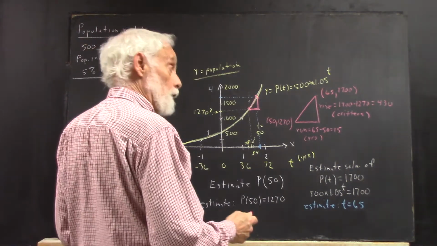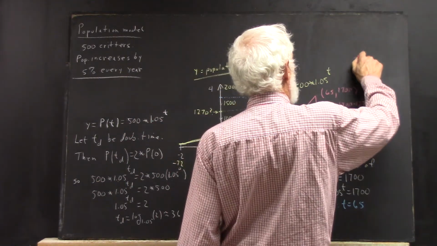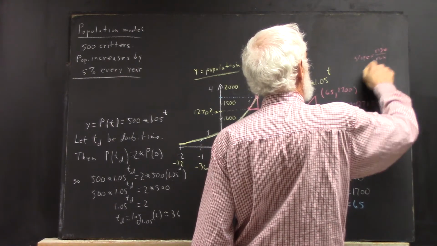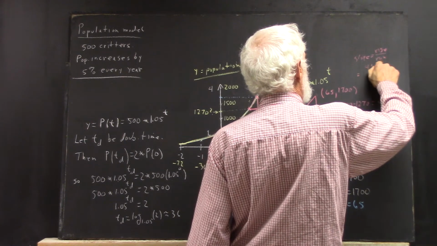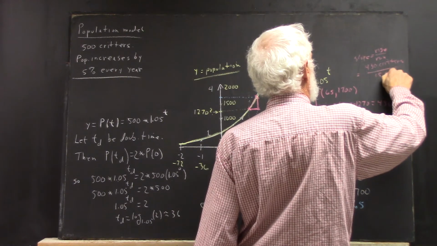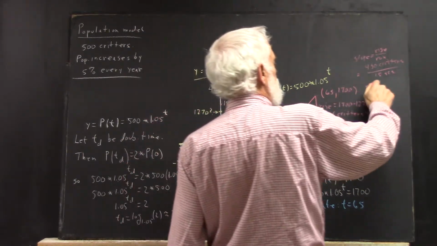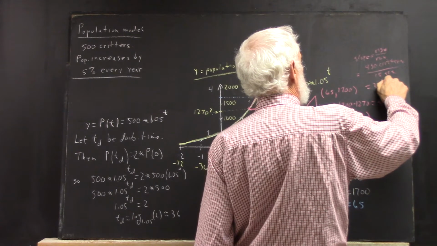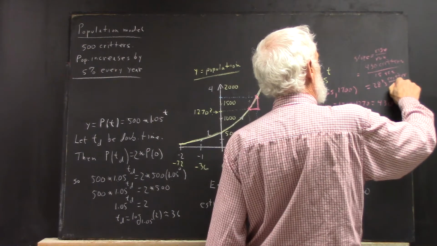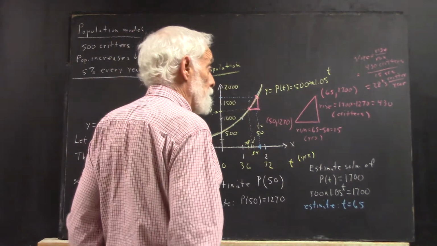Okay? So the slope, well, I'll write the calculation out here and then I'll label it. 430 critters over 15 years, which is what? It's 28 1/3 critters per year. If I did that arithmetic correctly.